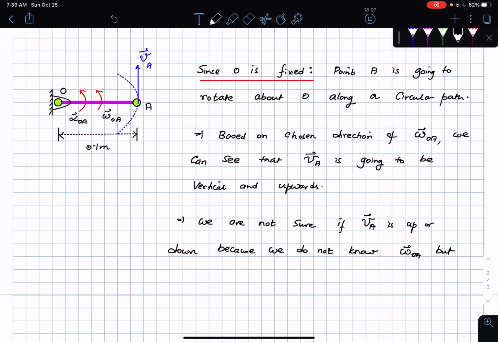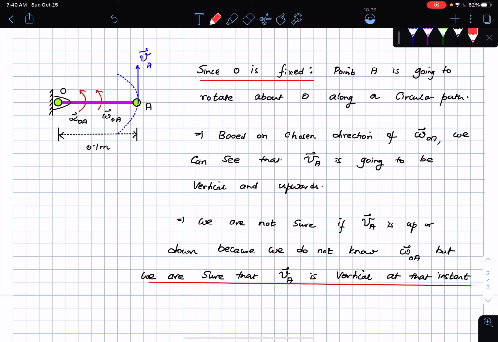But we are sure that VA is vertical at that instant. These are all taking place at that instant in time. So we are now sure that the velocity of A is vertical. This is all the information that we can draw from the velocity of A.